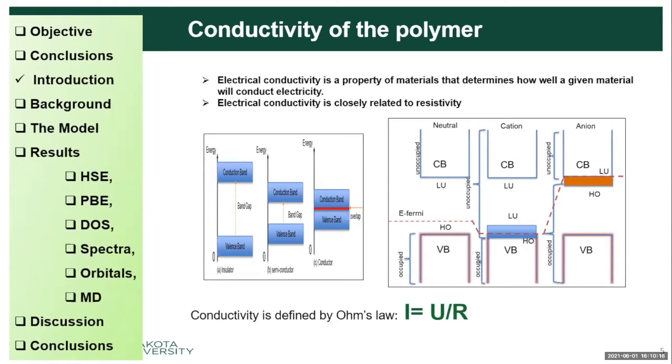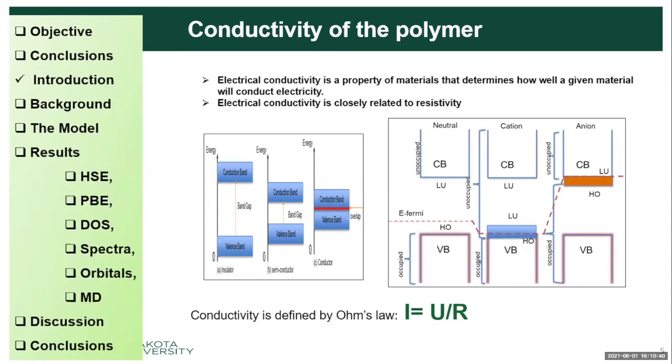Okay, from this slide we are able to see that there are two figures. In one, there is a huge gap between the conduction band and the valence band, which means that the material behaves like an insulator.